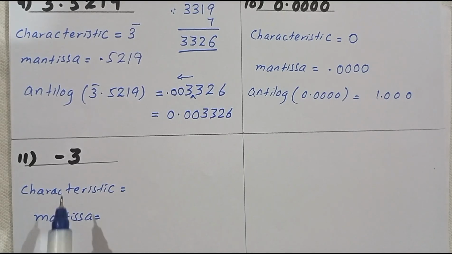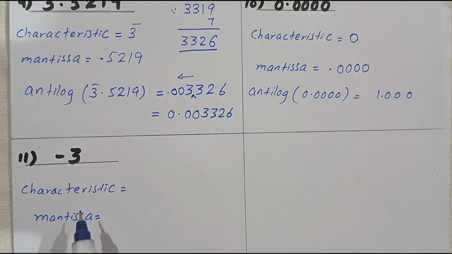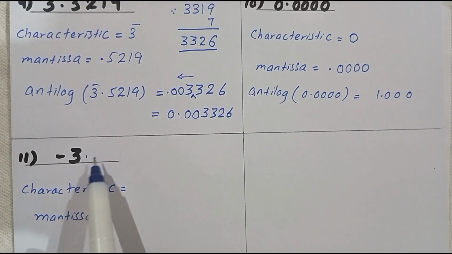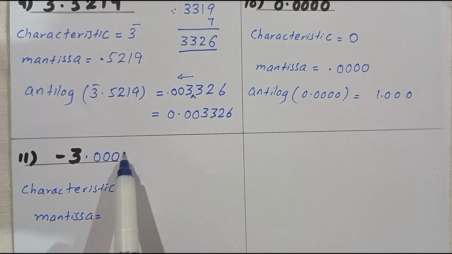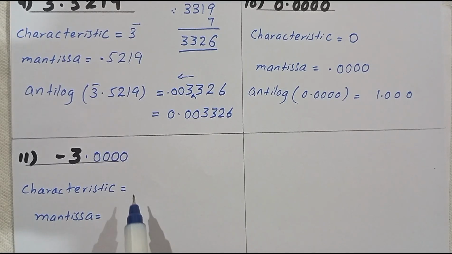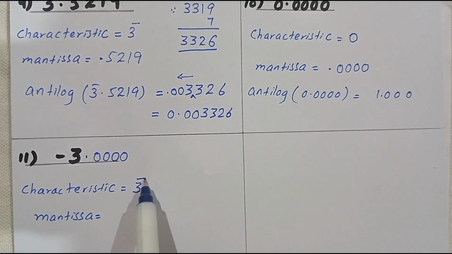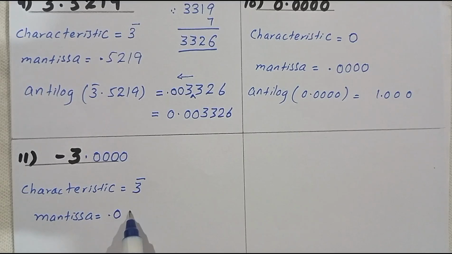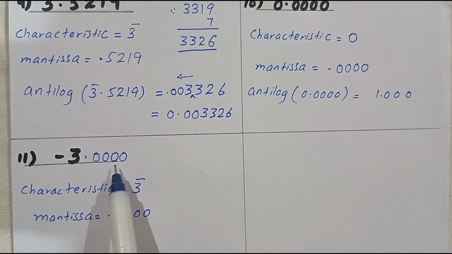In 11 part we have to find antilog of -3. As there is no decimal part of the number, we assume that the decimal part is 0000. So here characteristic is -3 and mantissa is 0.000, so we have to look 0.00 in 0.